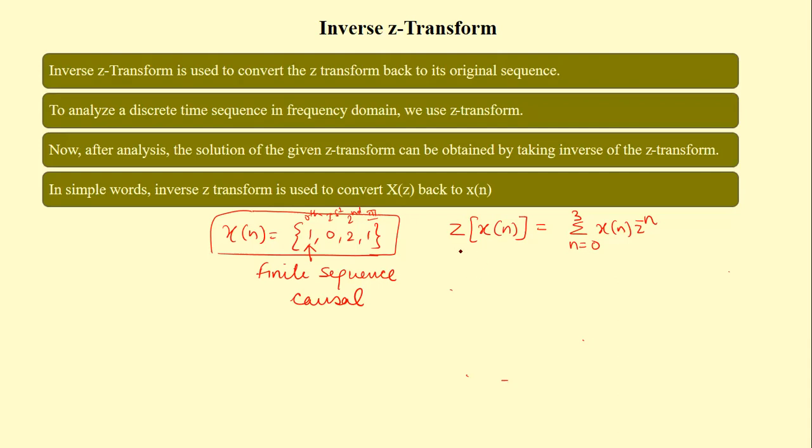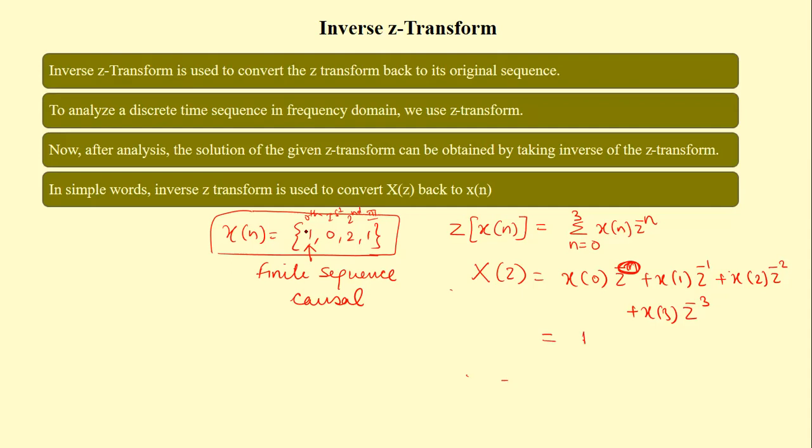So now the Z transform of this sequence will be X(z), and it is x0 z raised to the power minus 0, sorry, z raised to the power 0, plus x1 z raised to the power minus 1, plus x2 z raised to the power minus 2, plus x3 z raised to the power minus 3. Now this is the Z transform of this one, and here we will put the values.